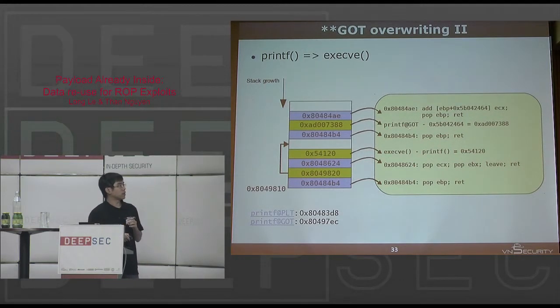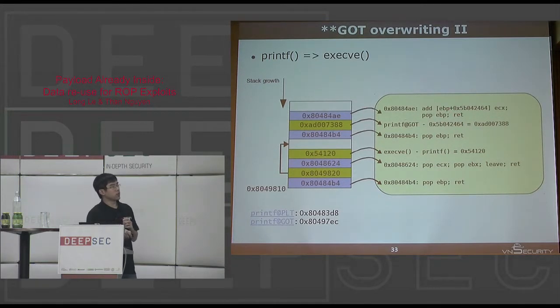And at the end, actually, what we do is, because you see in this one we have the gadget like add something to EBP with some value, EBP plus some value. This one is the address, with the ECX value. So what we do is actually we load ECX with this value, and the EBP we load with this value.